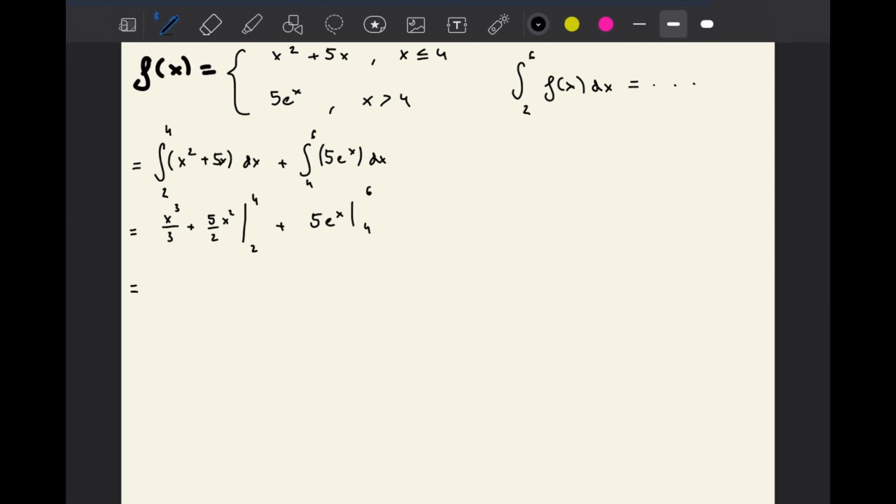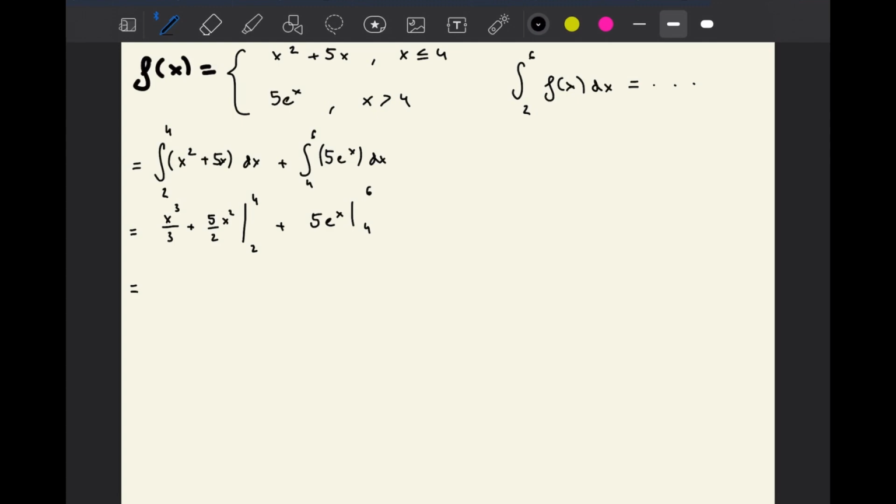So first we're going to insert 4. We're going to have 4 to the power of 3, 4 cubed, divided by 3, plus 5 over 2 times 4 squared, so times 16.